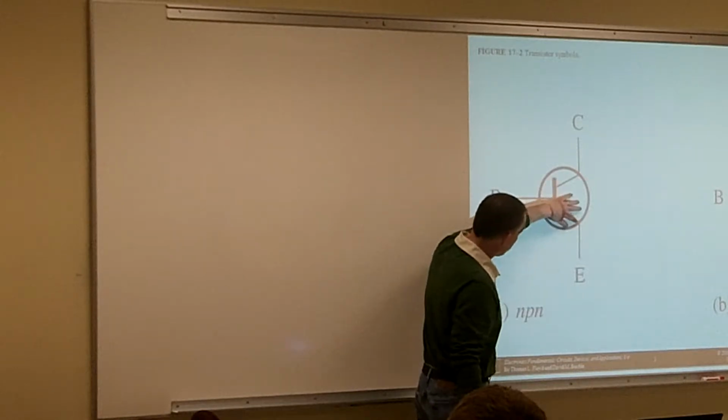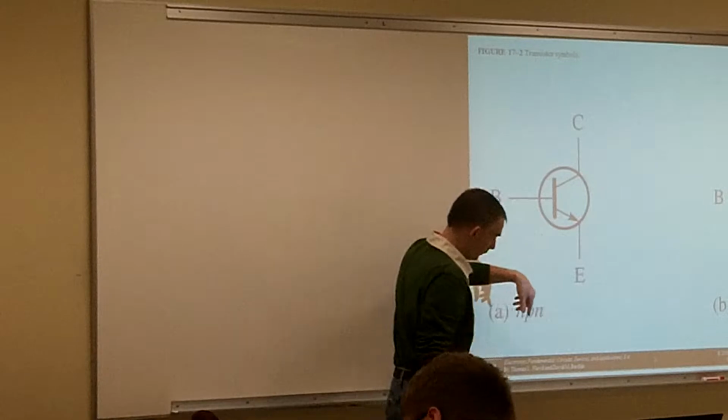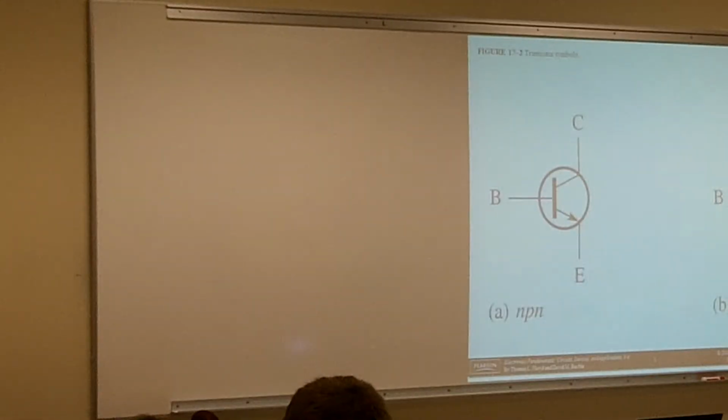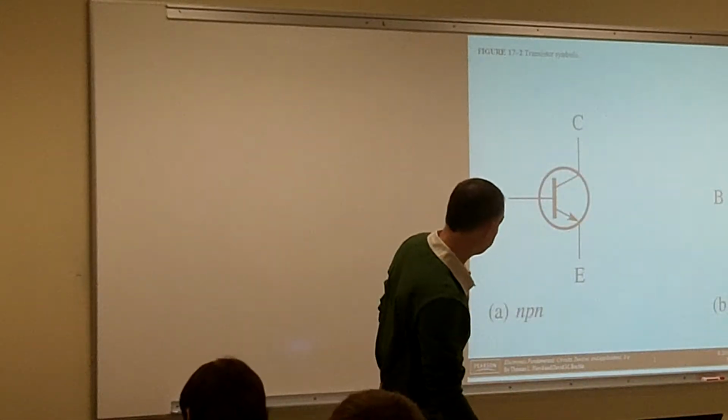If the arrow is pointing out, not pointing in, then that's our NPN. And in our PNP transistor, the arrow is going to be pointing in, so we just call it pointing in. Those are our two types of symbols that we're going to be seeing on our schematics.